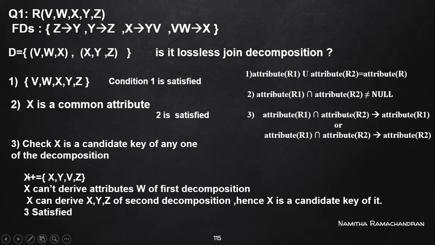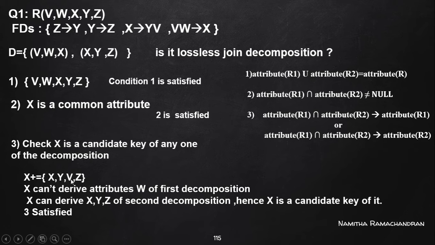Now using this closure set, let's analyze these two decompositions separately. Here we want to check whether this X can derive the values of V and W. Is it possible?